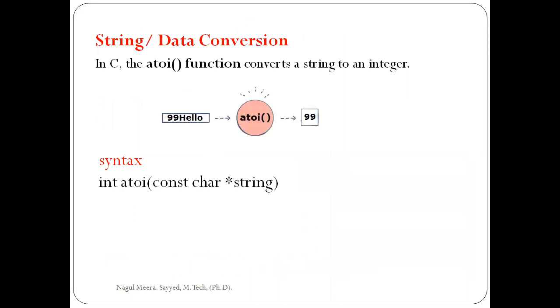Coming to our next topic, that is string or data conversion. Here C consists of different types of built-in functions. Some of these functions are used to convert string to integer, integer to string, like this.